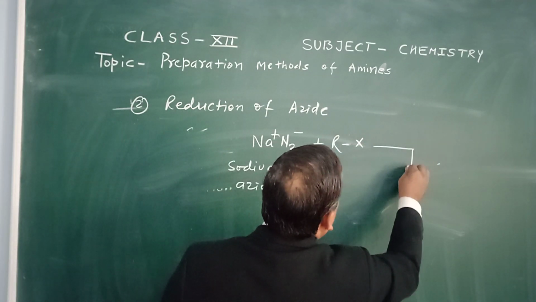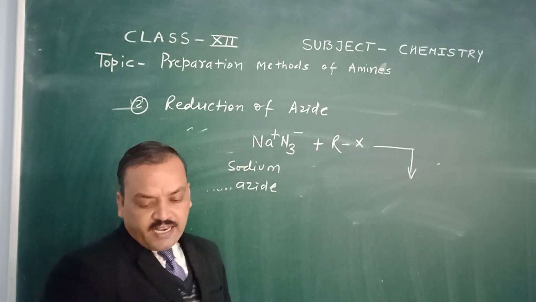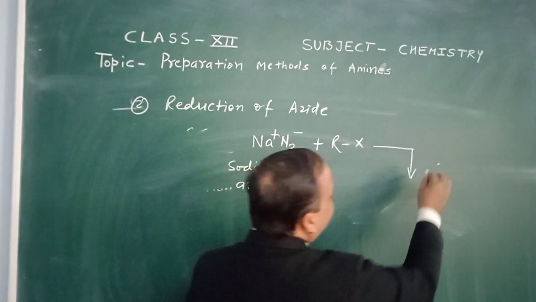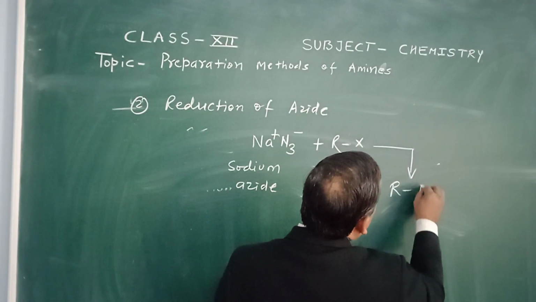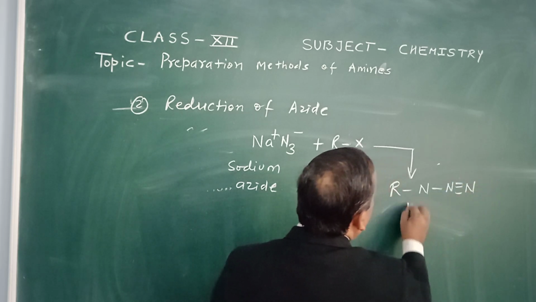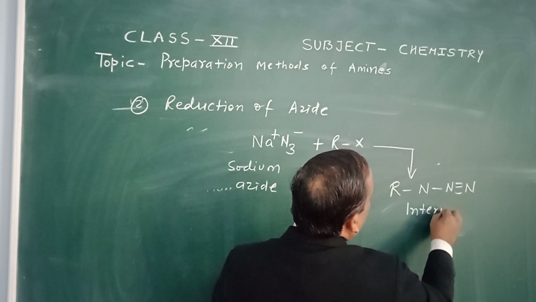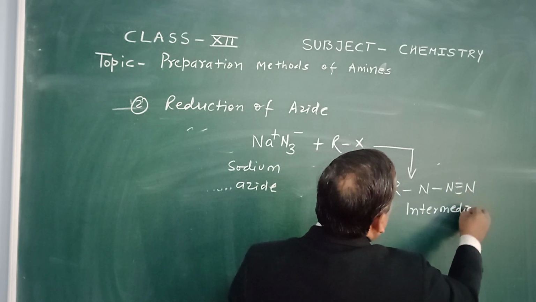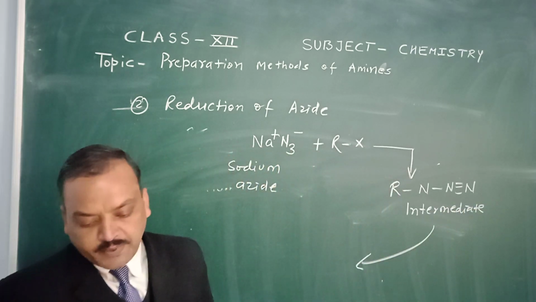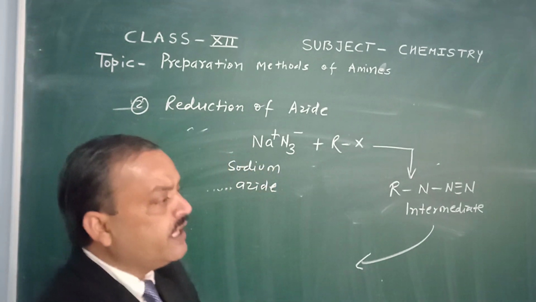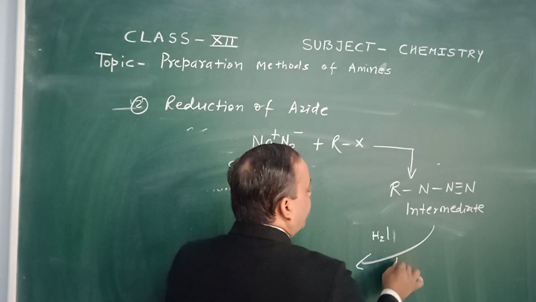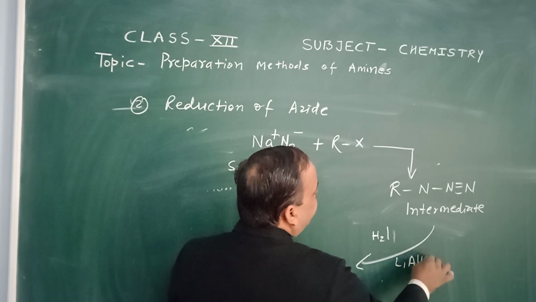an alkyl halide, and when we react with alkyl halide we get an intermediate product. This intermediate product again converts into the amine in the presence of hydrogen, or we can use lithium aluminum hydride.